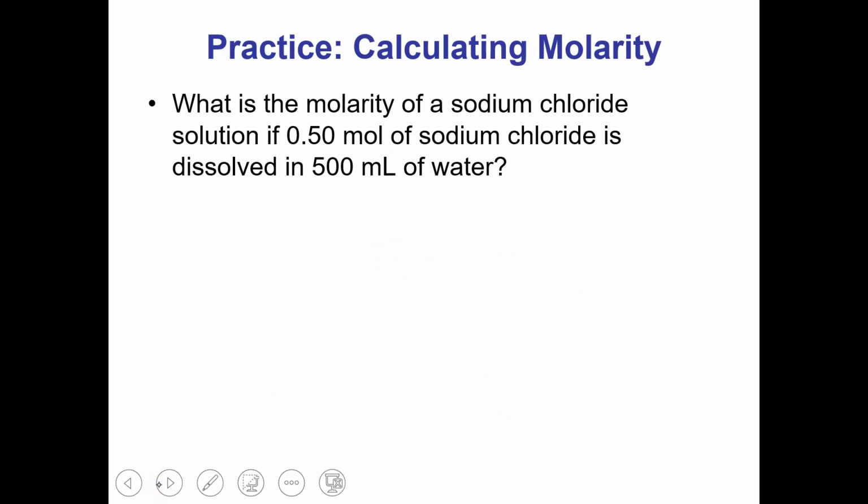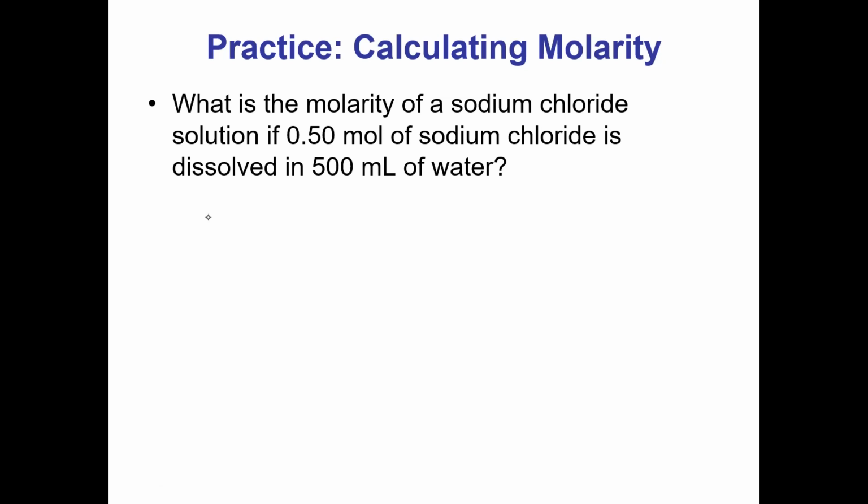So let's take a couple of examples of calculating molarity. We want to know the molarity of a sodium chloride solution if 0.50 moles of sodium chloride is dissolved in 500 milliliters of water. Now we said on the last slide, molarity is moles per liter, which means we've got to convert milliliters to liters.